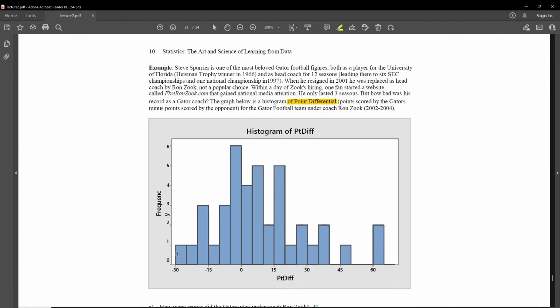So this bin plus this bin and this. So we have to know how to read this bin. This bin has its top point over here, which has a frequency of 1. So this shows that only in one game was the point differential this low.